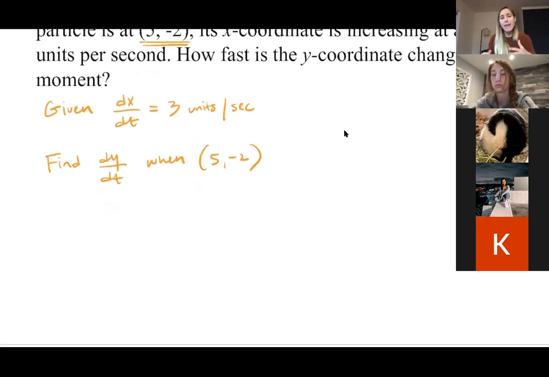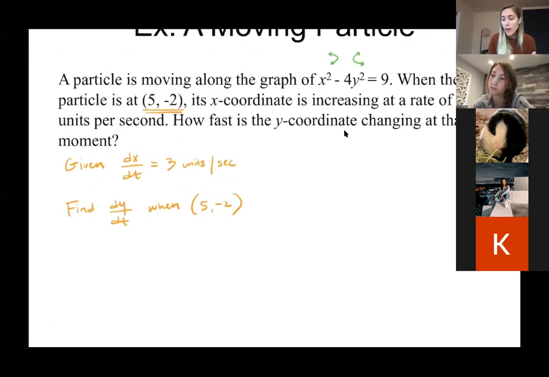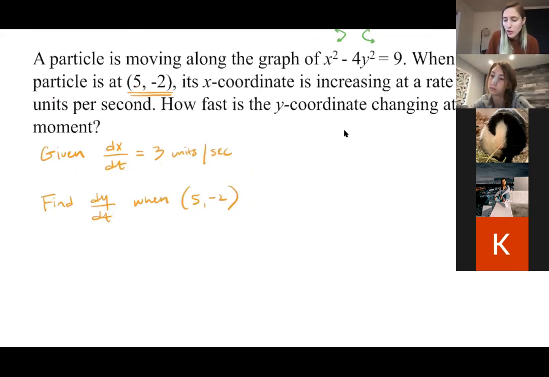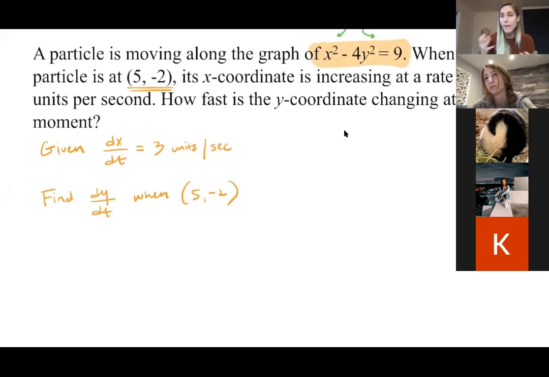So we've stated the given, we've stated what we're trying to solve for, and now we're going to actually take this equation and differentiate with respect to t so that we can derive that relationship between the rates of change.